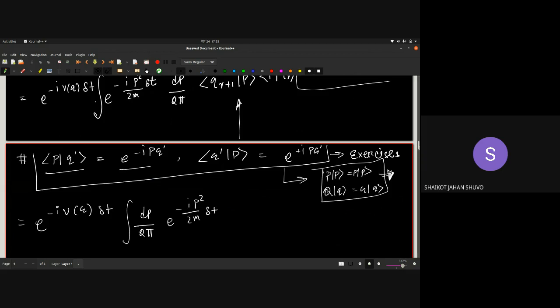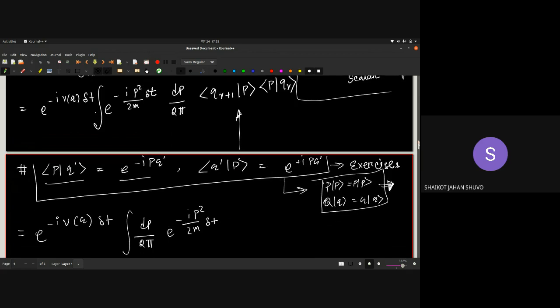So q inner product with p should be a plus. I always forget these things. So this guy should be a plus e to the power i, and it is q of r plus 1 inner product with p, right? So we have p q of r plus 1, and this guy should generate e to the power minus i p q of r, right?